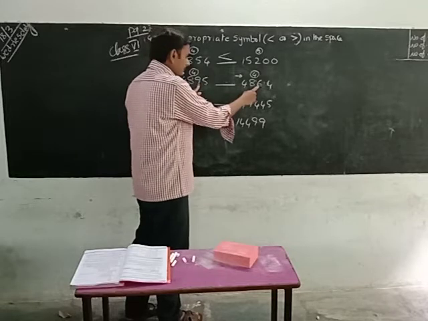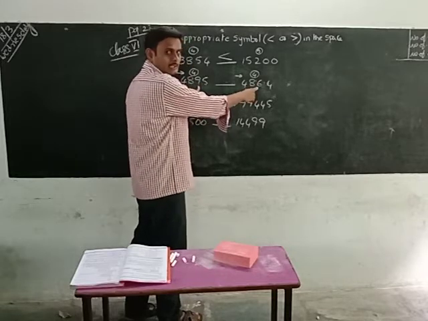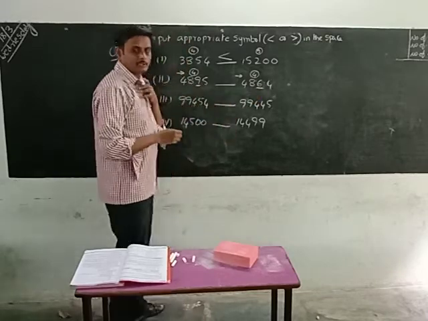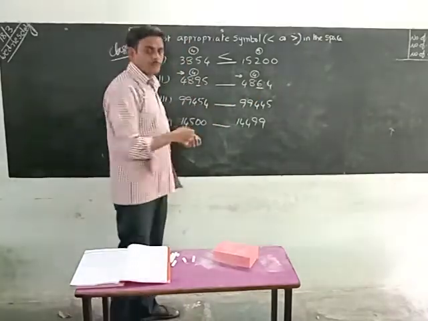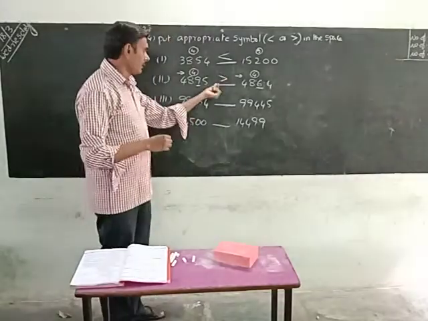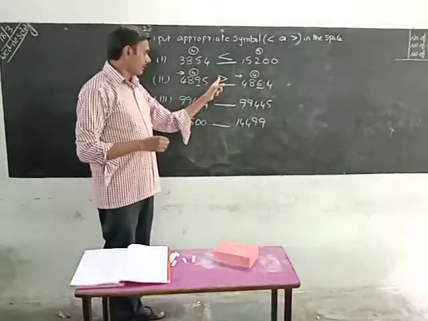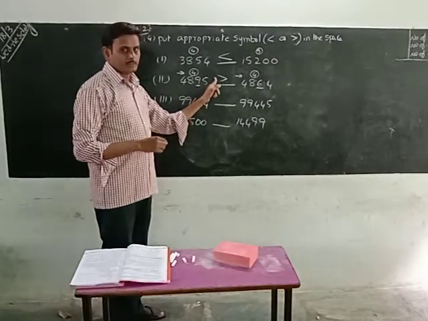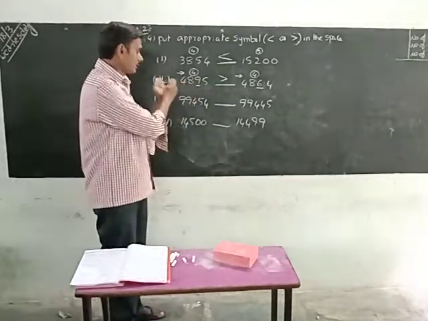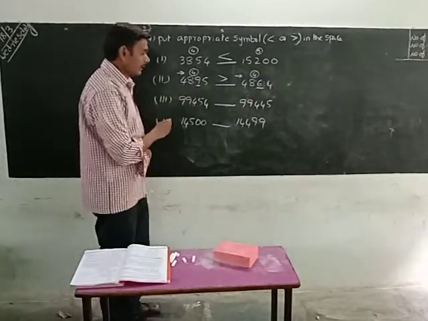Go for the next digit. 9 and 6. Which is greater? 9 is greater. So open it towards the greater number. The open end of the symbol is always projected towards the big number.